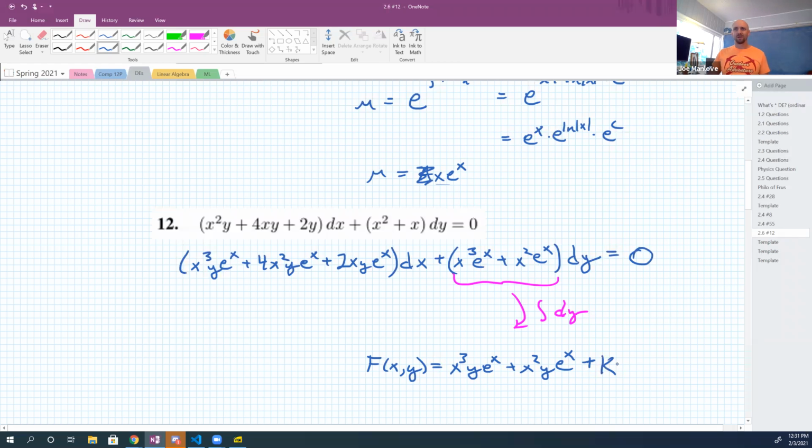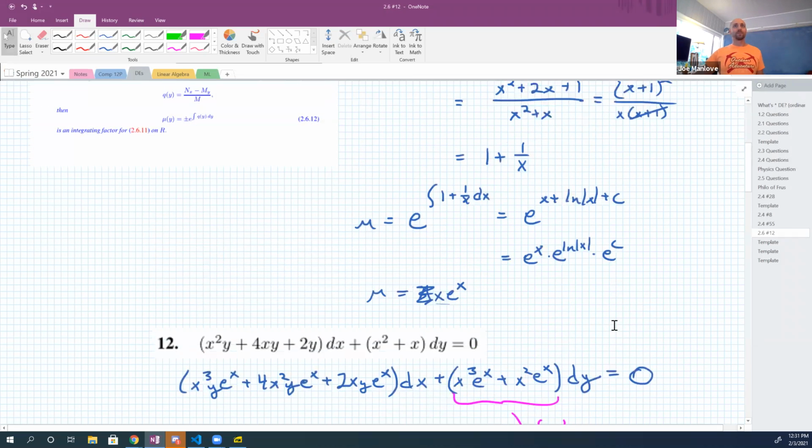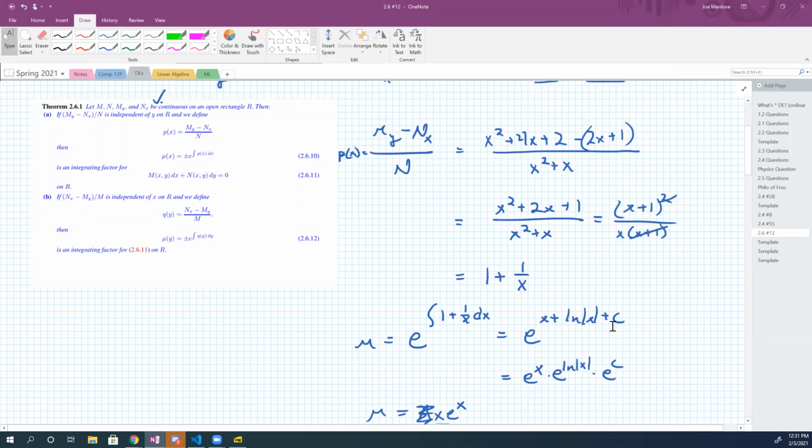Really quickly, you said if I did the integrating factor right, then it should be exact. But earlier you said p of x might work when we did it. Good. It was only conditional based on whether or not that was a function of just x, right? Yep. So there are two sources of my skepticism here. The first one was if I calculated p of x and it wasn't just a function of x, then this thing wouldn't work anyways.